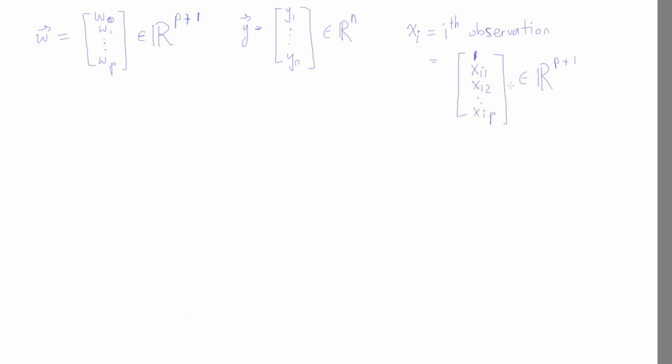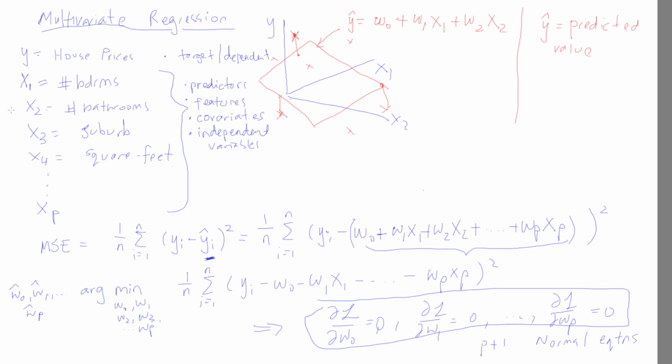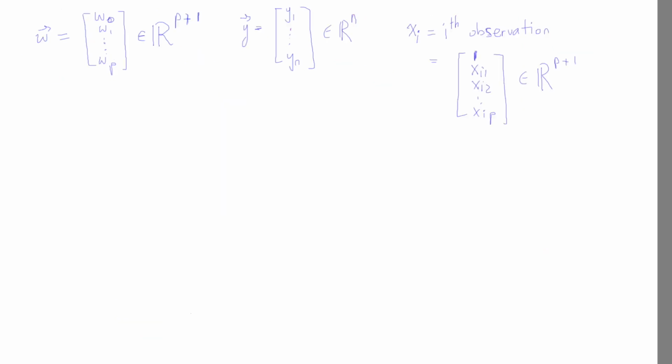Okay, so let me just explain why we have a 1 at the front. Well, if you think about it, if you go back to our house problem, the ith observation is going to be a house. It's going to have a certain number of bedrooms, certain number of bathrooms, a suburb, a square footage, etc. So this vector is collecting the information for a single house.